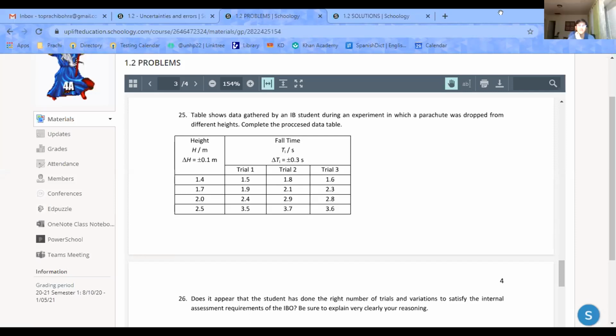Wouldn't the uncertainty then be the range over 2 though? So once you average it, you would have an uncertainty there. Would that be 0.3 or would that be 1.8 minus 1.5 divided by 2? That's when I get confused. When do you take the uncertainty of the measurement and when do you do the range, the maximum minus minimum over 2?